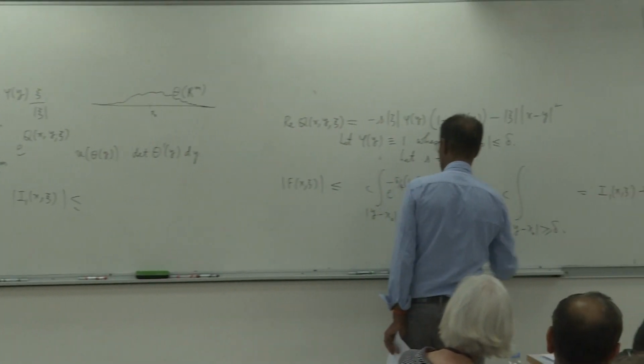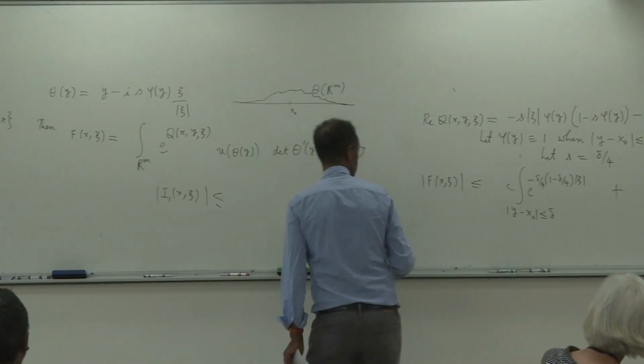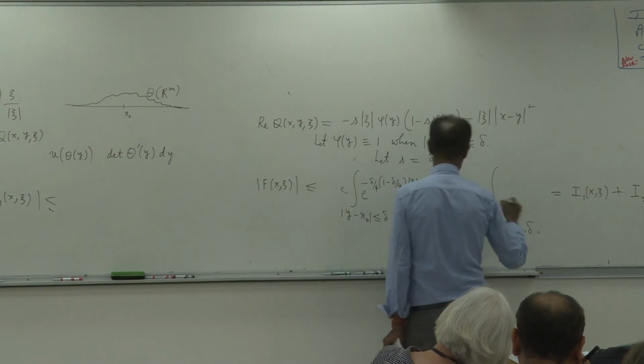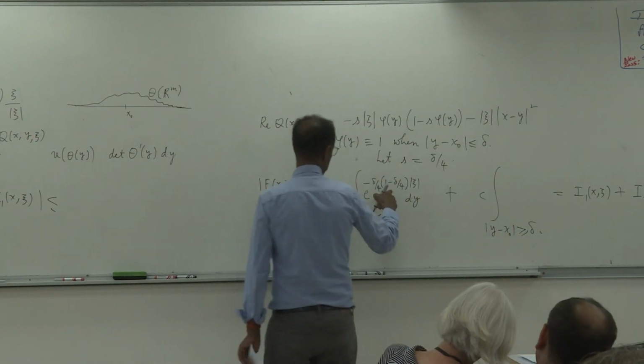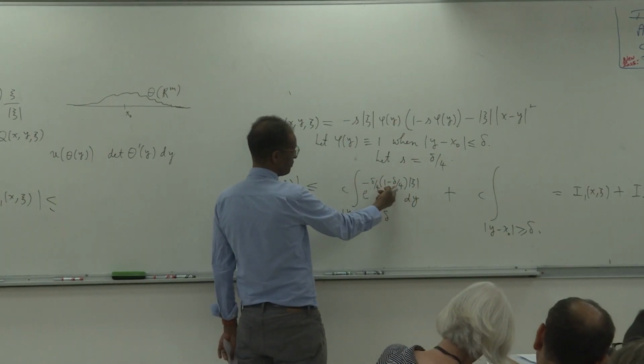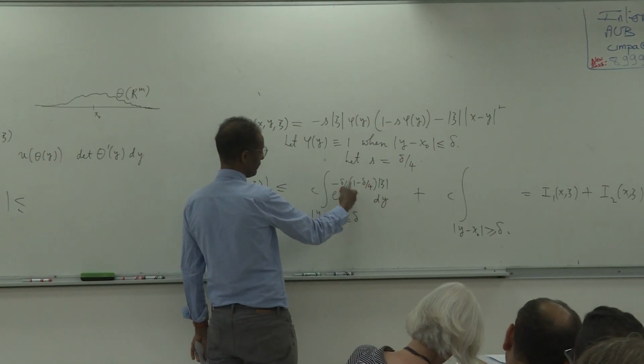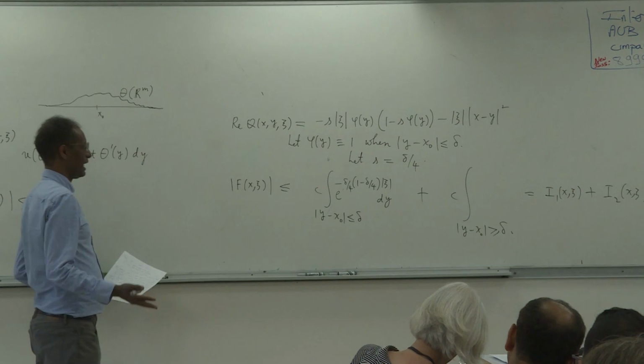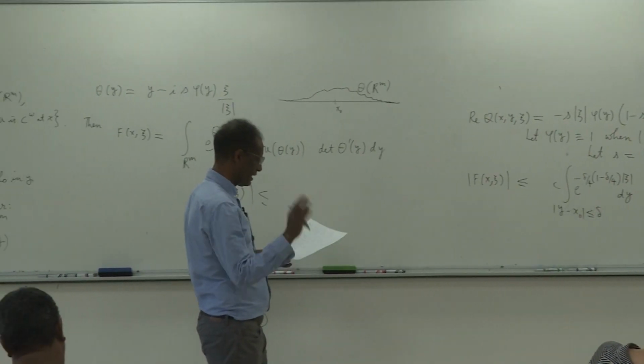Now if delta is small, say delta less than half, this will be less than certainly minus delta over say 8 or something like that.